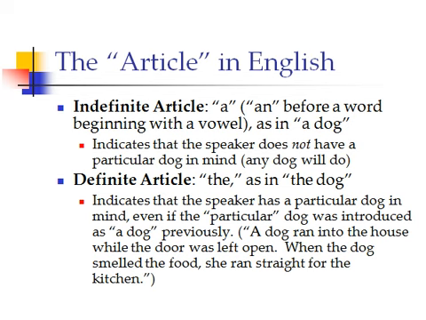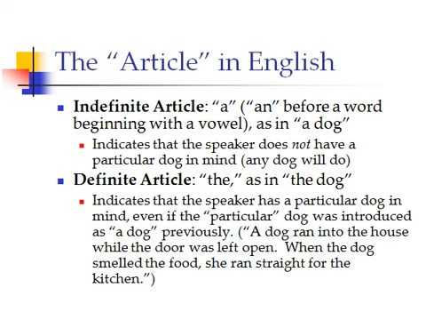We also have the definite article, the, which tends to indicate, when we use it, that we do have a particular dog in mind. When I ask my sons, have you taken the dog out? I'm speaking of Athena, a particular dog, the dog for whom we are responsible, and whose poop I'm tired of cleaning up from our closet. So when we have a particular noun in mind, we tend to use the word the.